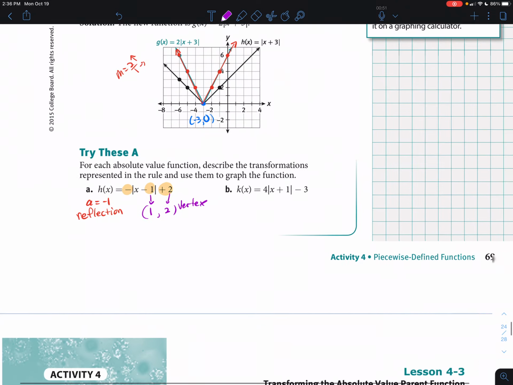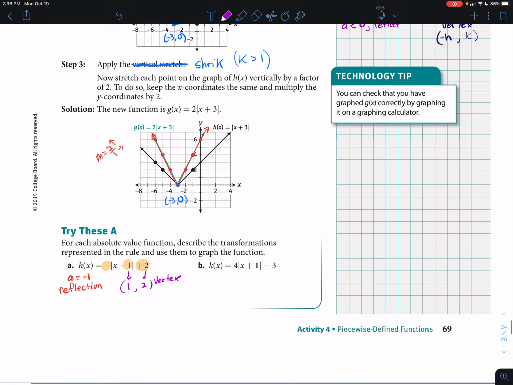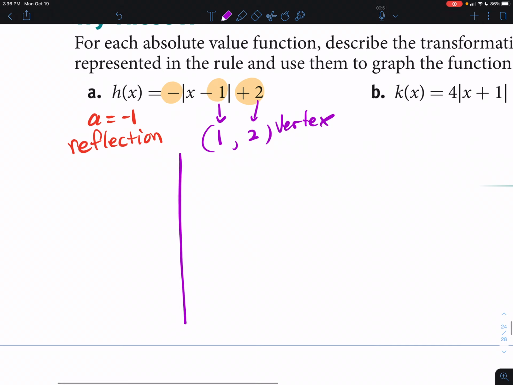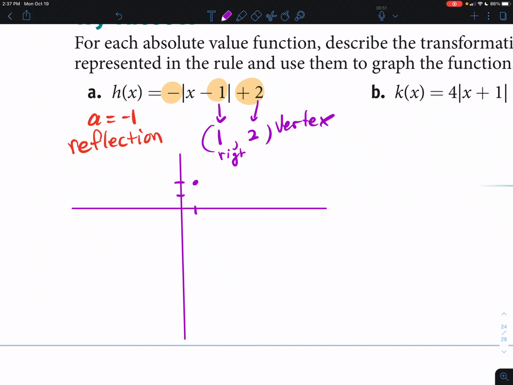So when I graph this one, which I'm going to do right here, okay, so 1 and then 2, so it went right 1 and up 2. So there's no stretch or shrink, so we're just going to go down 1, right 1, down 1, right 1.